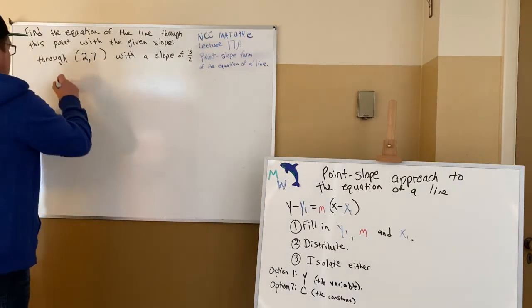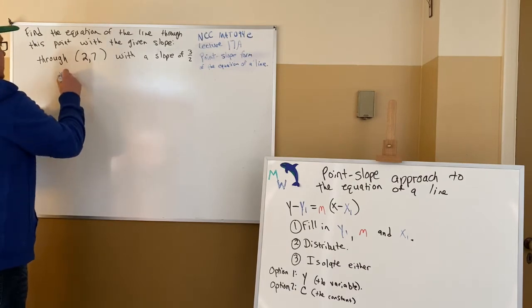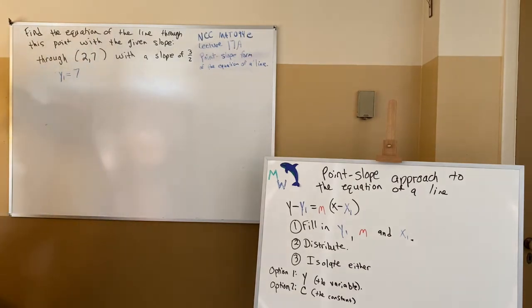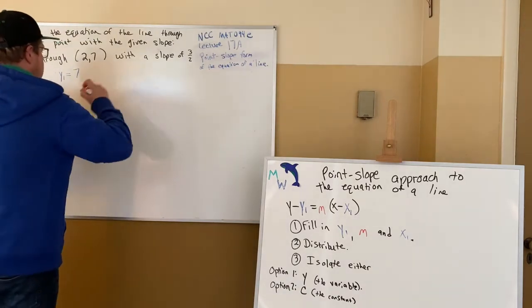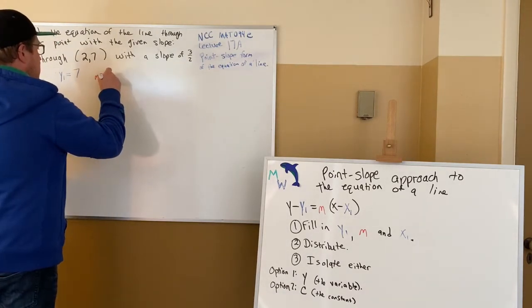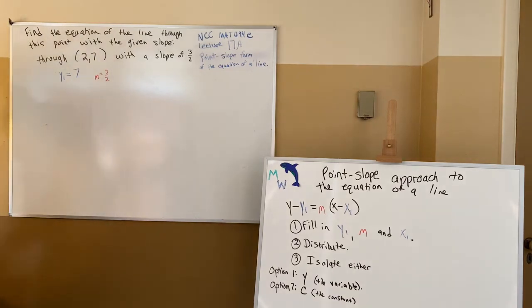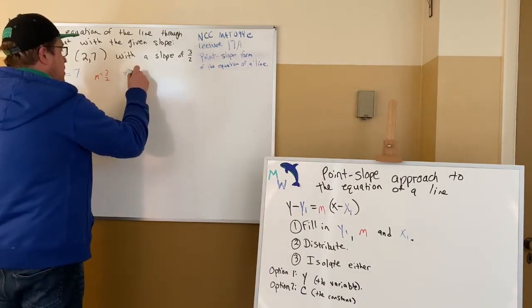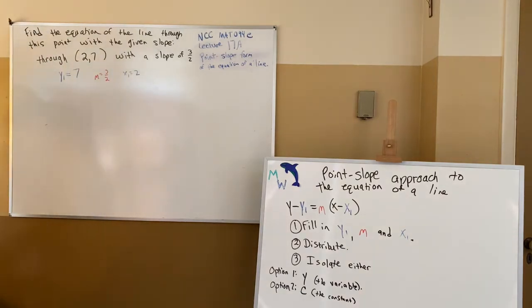So we need a y. Exact y is 7. We need the slope. Slope is given as 3 over 2. And we need an exact x. In this case, x is 2. So when we go y equals mx plus b, we would get to our work, but I want to go their way, right?